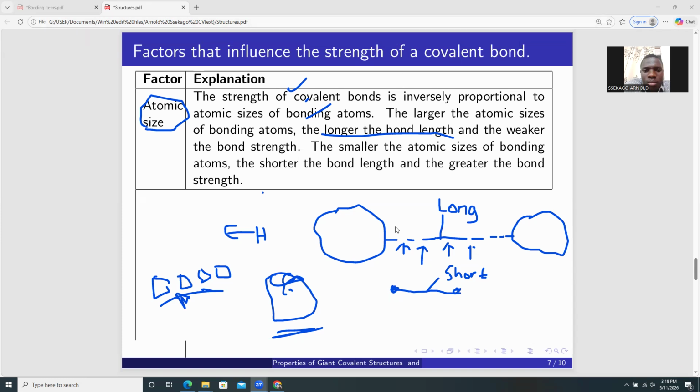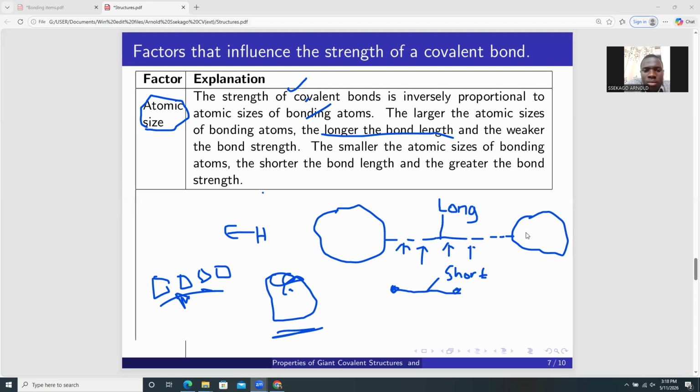We said that when the sizes are big, we have a longer bond, and if the bond is long, its strength decreases. However, smaller sizes will form very short bonds with increased strength.